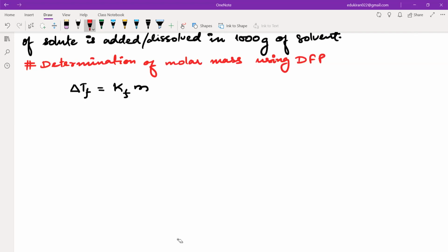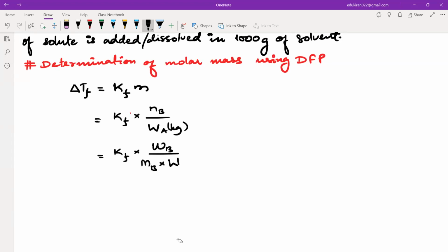Now delta Tf is equal to Kf into m. That means it will be equal to Kf into the number of moles of solute divided by the mass of solvent in kg. So this equals Kf into the given mass of solute divided by the molar mass of solute multiplied by the mass of solvent in kg. This is delta Tf.